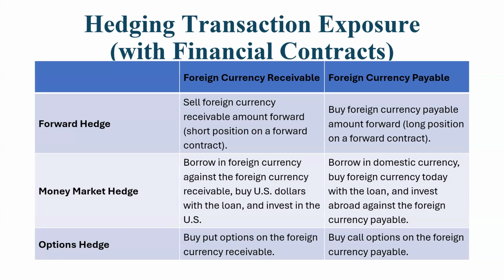Now, the implication of this is that the Canadian company would have received 1.4 million Canadian dollars instead of 1.46 million Canadian dollars had it not entered into the forward contract.